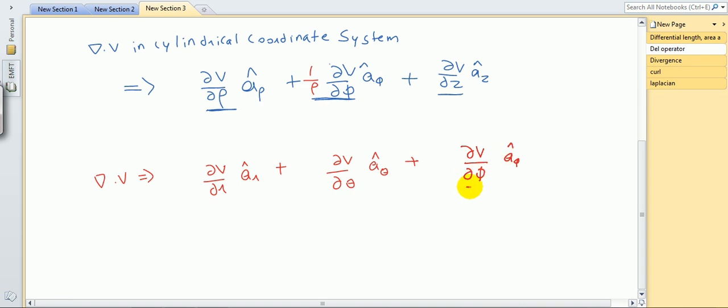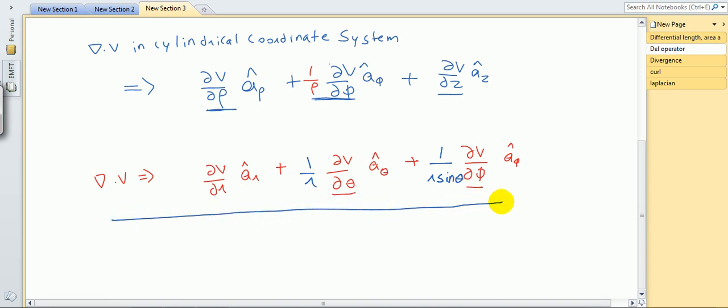Here del phi and del theta are not lengths, so we need to make them lengths. We write 1 by r for theta, and for phi we use 1 by rho, where rho in the spherical coordinate system is r sine theta. So this will be 1 by r sine theta del V by del phi. So this is the gradient in the spherical coordinate system.